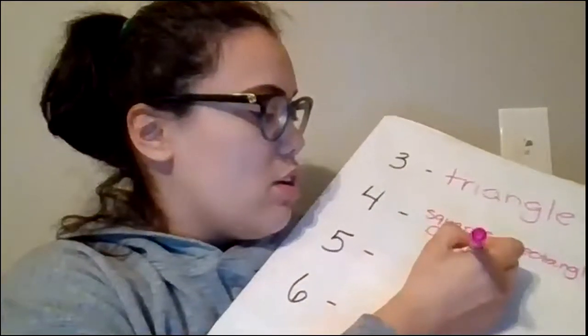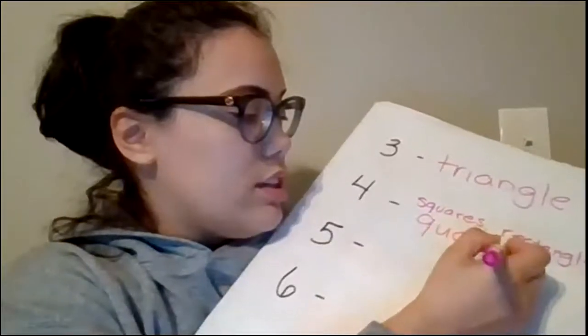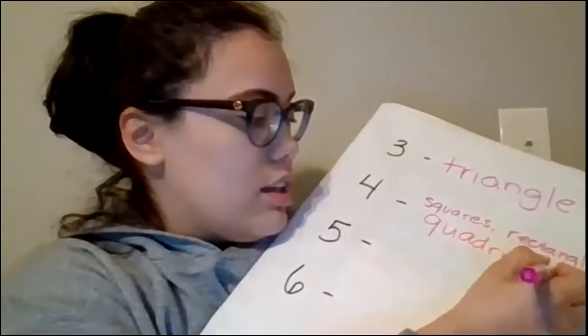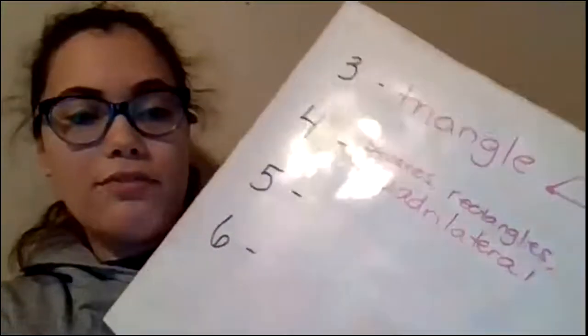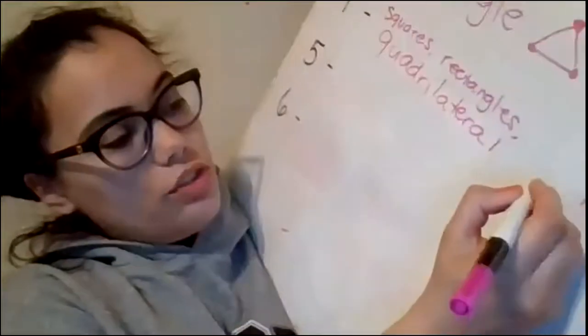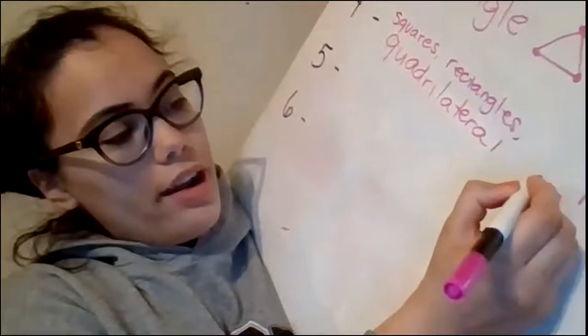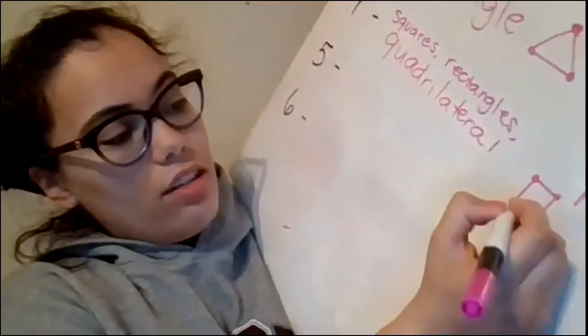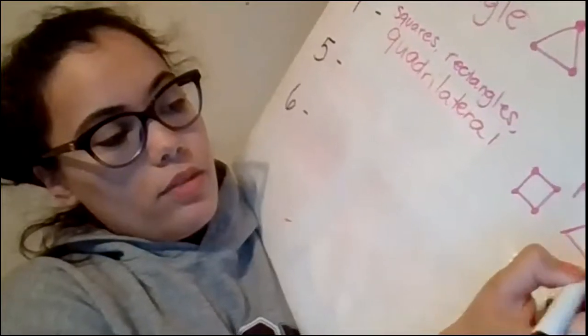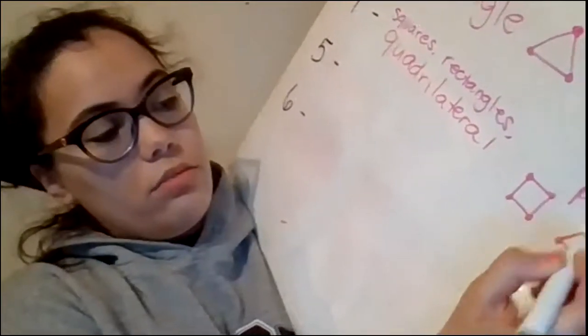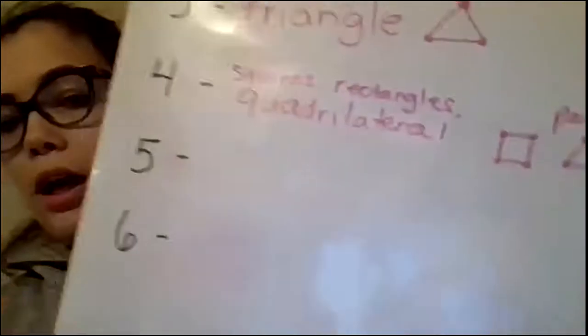Good job. Quad. So any shape that has 4 sides and 4 angles is called a quadrilateral. So that can be a square, a rectangle, or a rhombus.